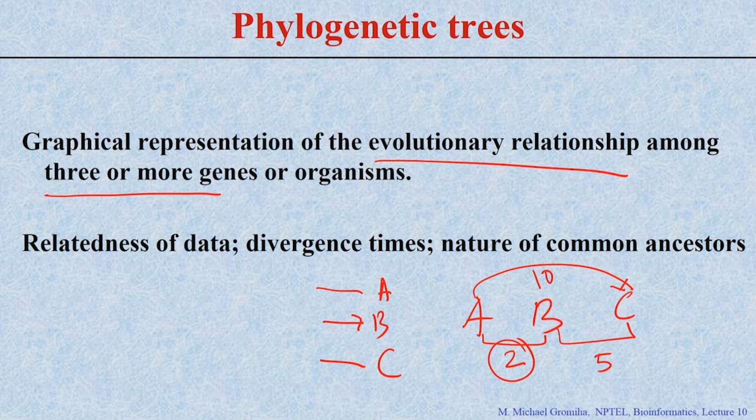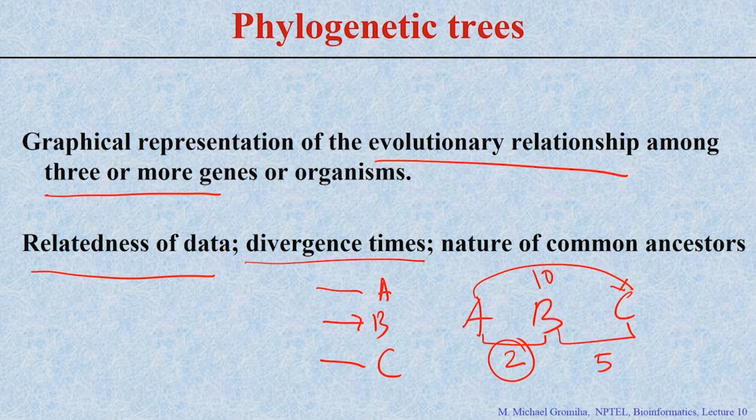Likewise, if you have more data, 3 or more sequences, from the differences in the nucleotides or in the amino acids, you can see how they are related, which 2 are close to each other, and how long it takes to get this divergence. Depending upon the variations, we can estimate the time.